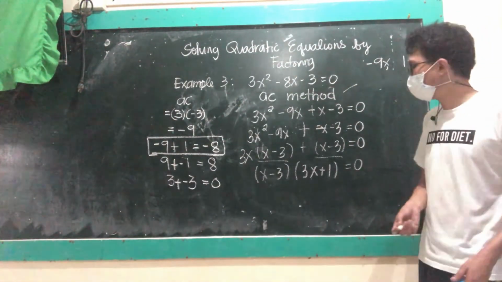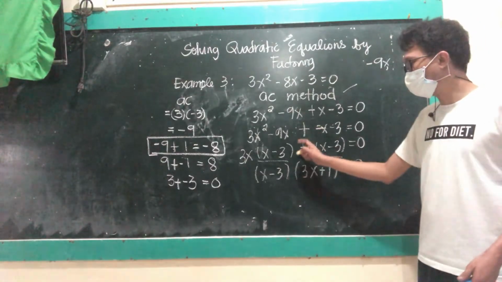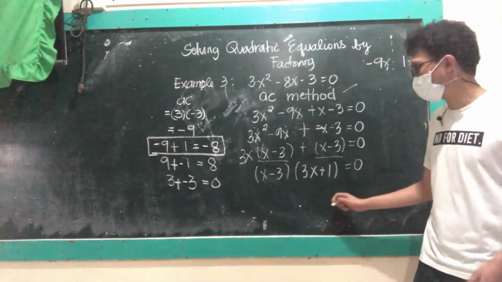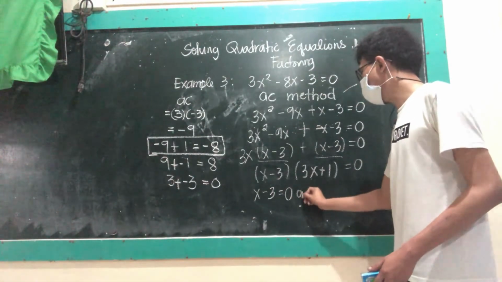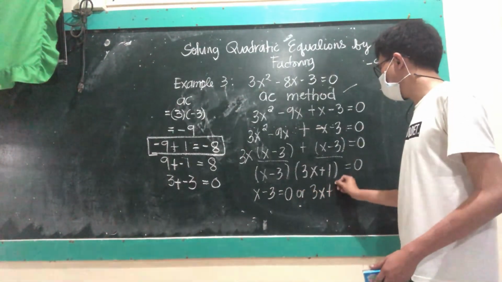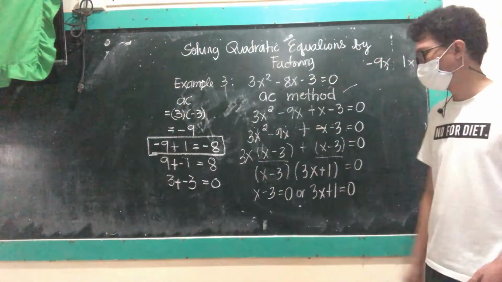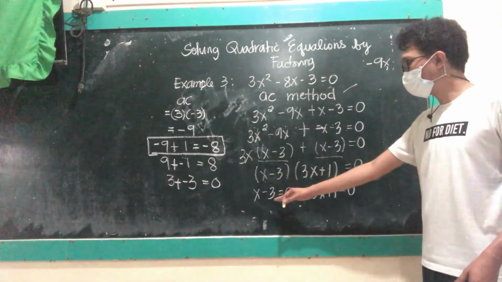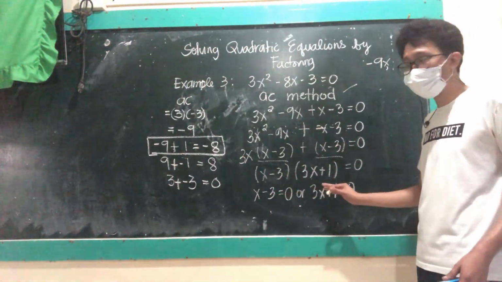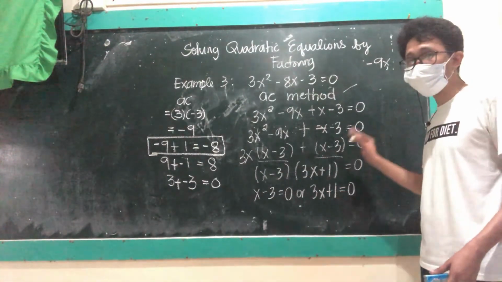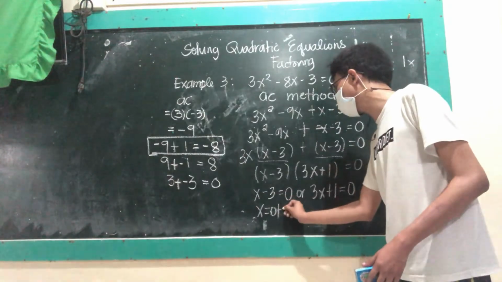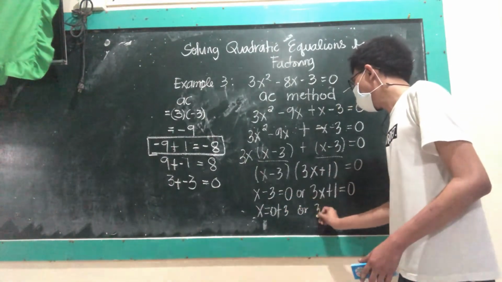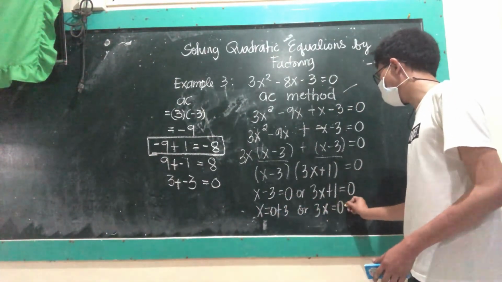By the zero property, we separate x minus 3 and 3x plus 1. So we have x minus 3 is equal to 0, or 3x plus 1 is equal to 0. By transposition, we will transpose negative 3 to the other side of the equation, as well as positive 1. That becomes x is equal to 0 plus 3, or 3x is equal to 0 minus 1.